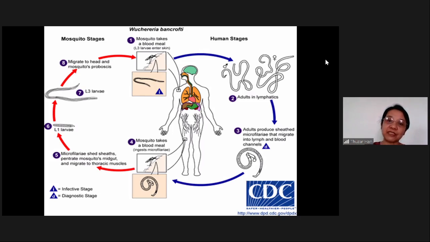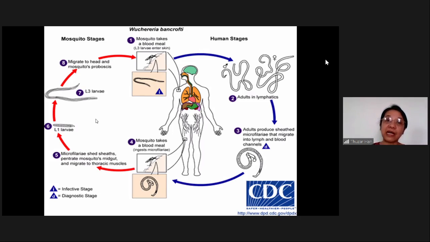When they are in the peripheral circulation and a mosquito bites, inside the mosquito they develop into larval forms, L1, L2, L3. The L3 larva is the infective form to humans. Microfilaria is the infective form to the mosquito.